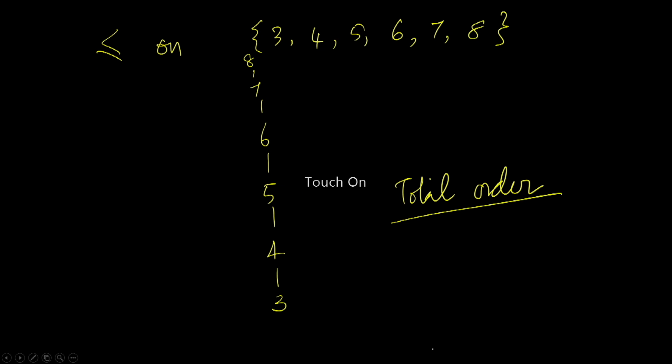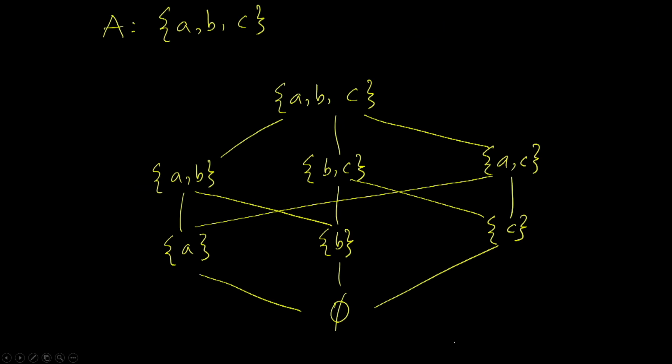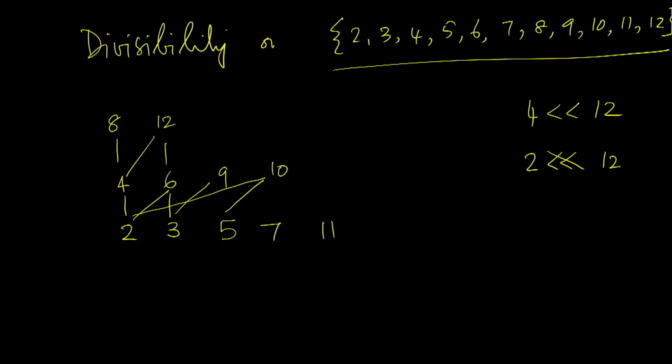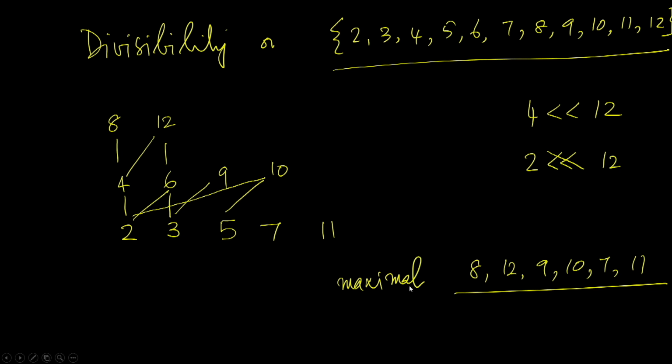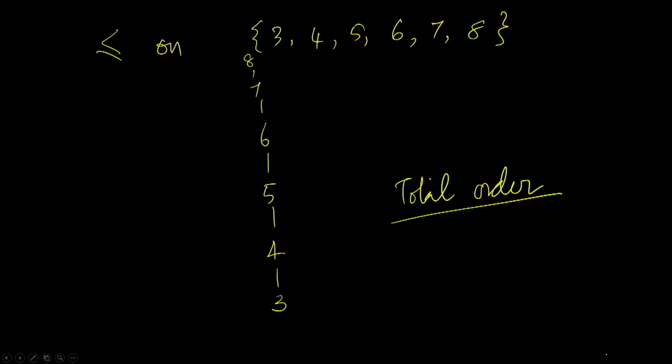So, if you look at these diagrams, here the set ABC is a maximal element because no member in the diagram is above ABC. Here we find that 8, 12, 9, 10, 7, 11, these are all maximal elements. And here we find that 8 is a maximal element.